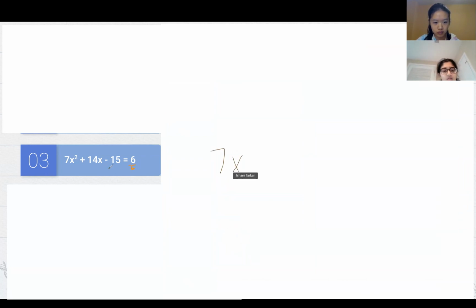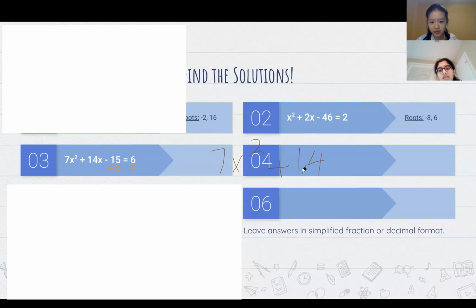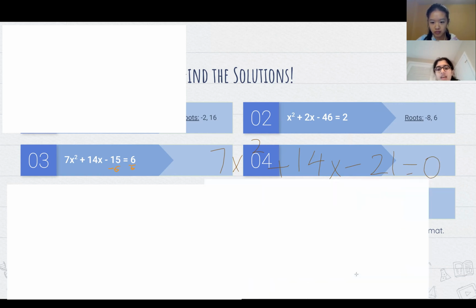So we get 7x squared plus 14x minus 15 minus 6, which is minus 21, is equal to 0, right? So we have 7x squared plus 14x minus 21 is equal to 0.